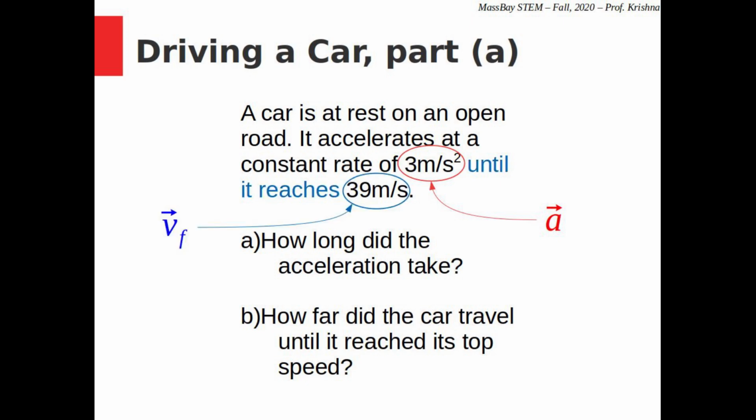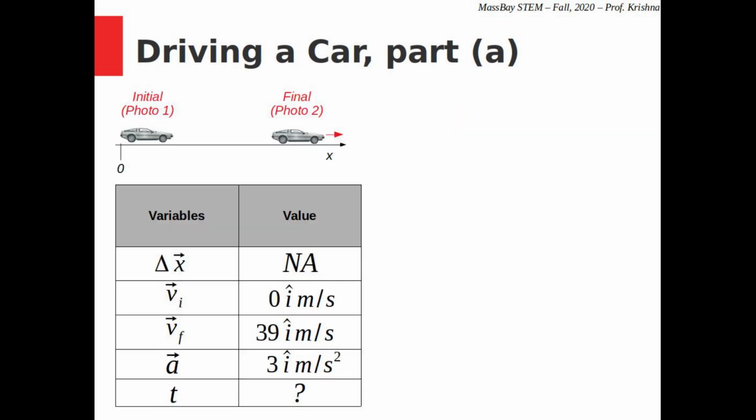Until it reaches 39 meters per second. That's how fast it's traveling when the second photo was taken. That is its final velocity. We need a third known value. Look at the first sentence. A car is at rest. That is another way of saying the initial velocity is 0. So now we have 3 knowns.